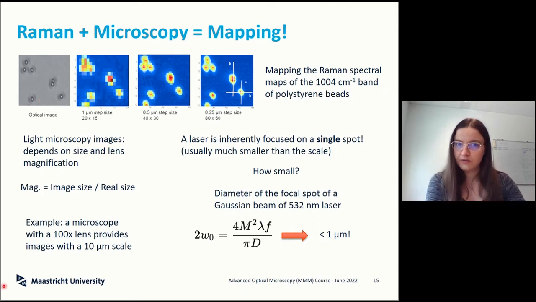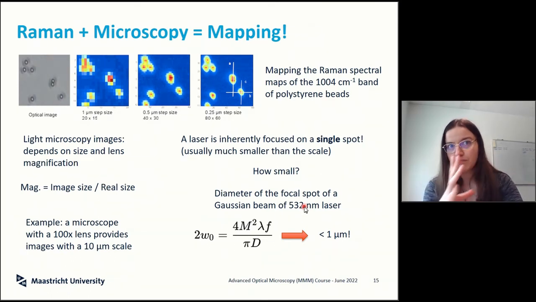So if you look at the formula as I put them, you cannot do imaging with the laser, because the laser doesn't have the aperture of the beam to actually take up the whole image. So you can focus this beam to allow you to do Raman, but it will have to focus on a spot that is around 1 micron, if not smaller, depending on how good your optics are, fundamentally speaking.